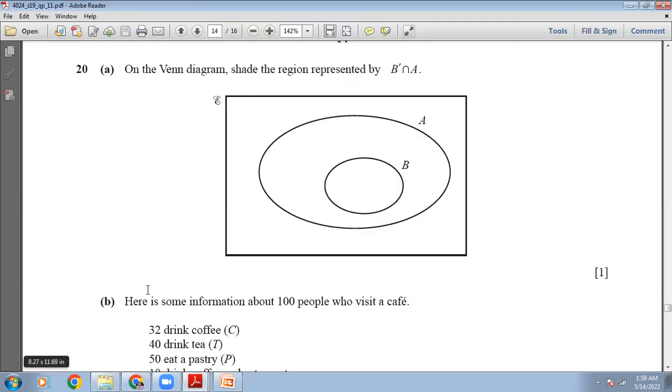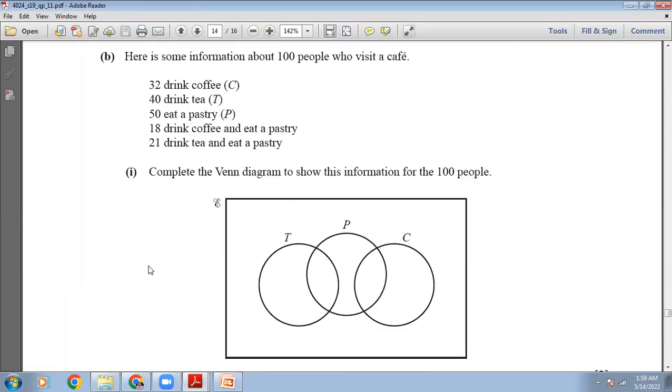Okay. So next part, it says, here is some information about the 100 people who visit a cafe. 32 drink coffee. So in this coffee circle, the total is 32. 40 drink tea. The total number of people who drink tea is 40. The people who eat pastry is 50. So there are 100 people, and it says 18 drink coffee and pastry.